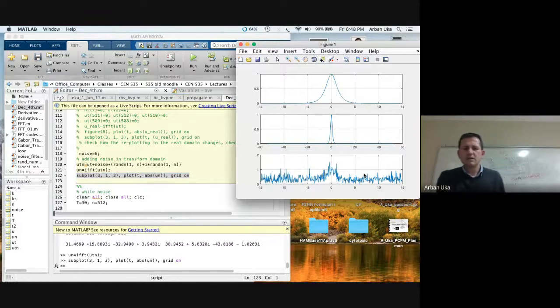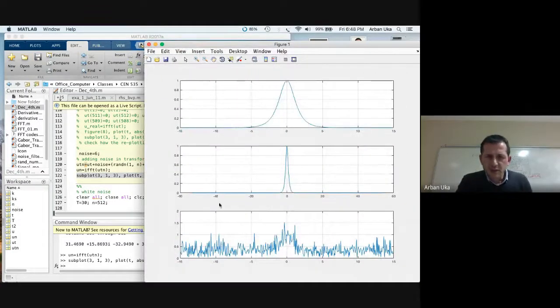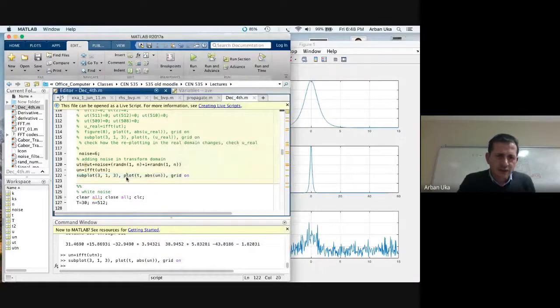Okay, so this is the diminished signal, which is in the real domain. If you see the x-axis here, the very first one is the real domain, -15 to +15. Here you see from -60 to +60, and here we get again -15 to +15. And actually, if we follow that algorithm or procedure that we mentioned before, this is UTN.